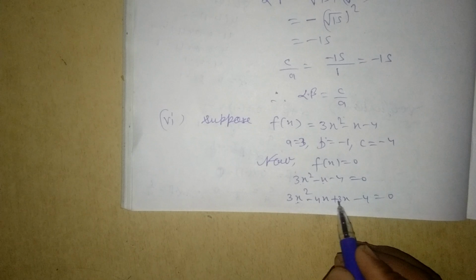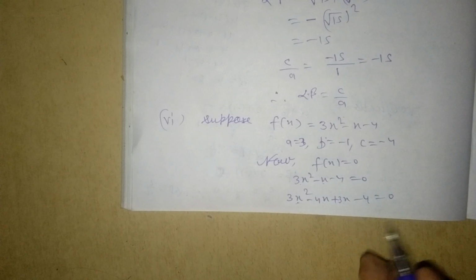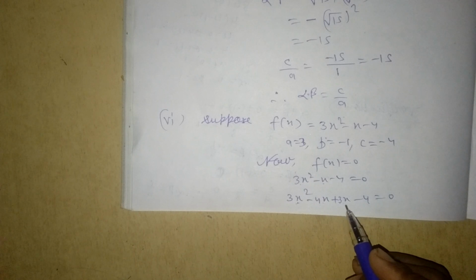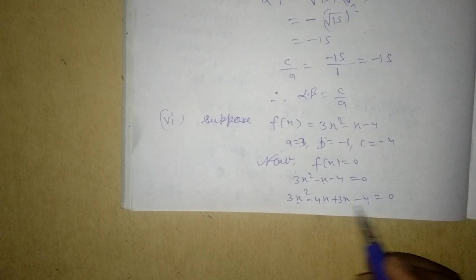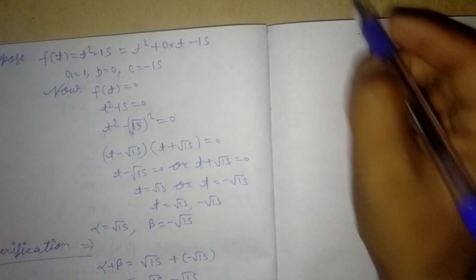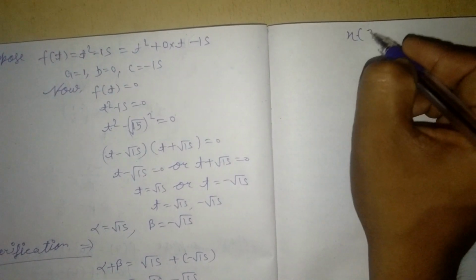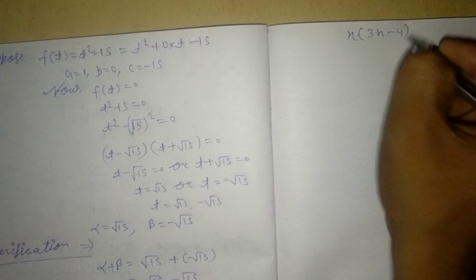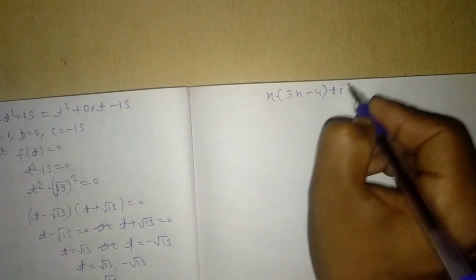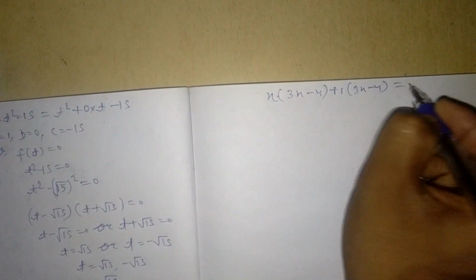Also there is nothing else you can take common from these two terms, only one. Okay, now take out x and you will get 3x minus 4. Also plus 1 times 3x minus 4 is equal to 0.